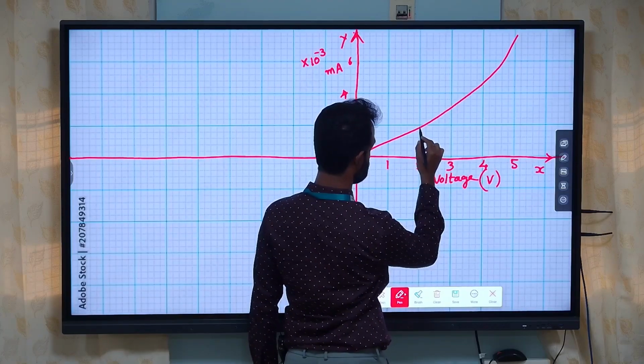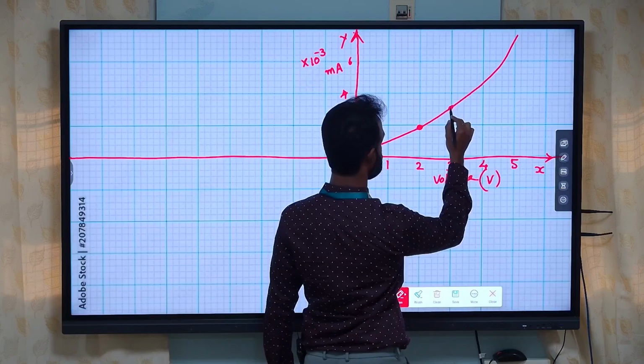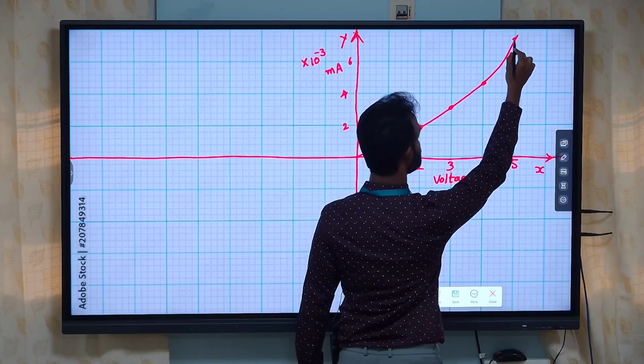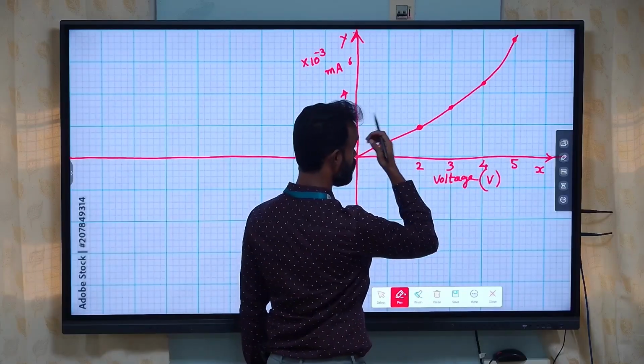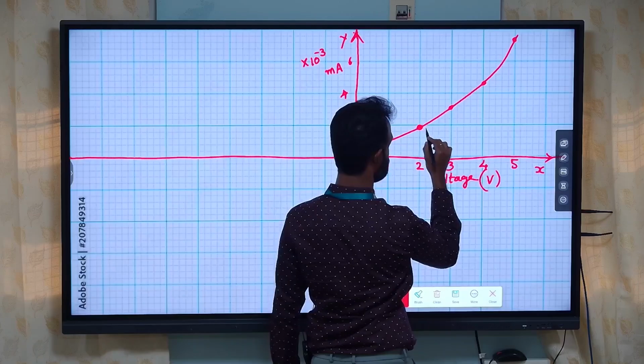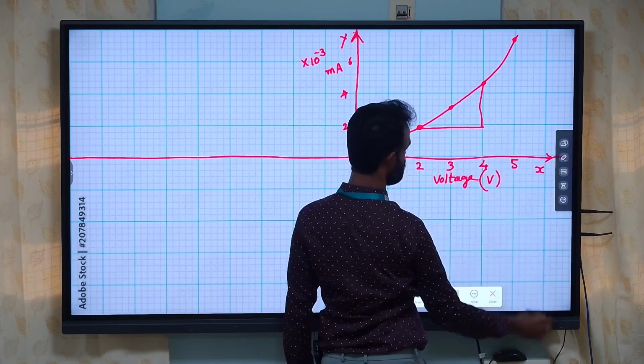If we get a point here and another one here, and the next point and the next one, if we want to plot a slope for this graph, take a slope like this.